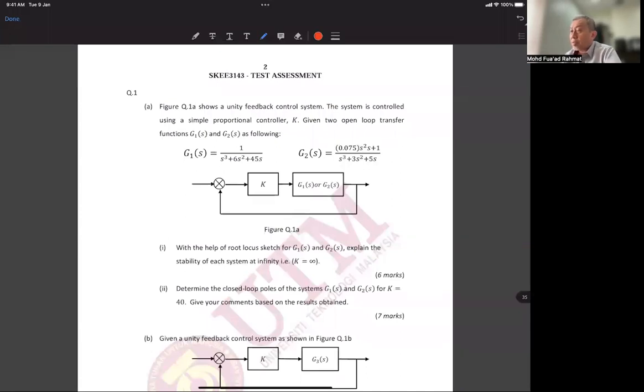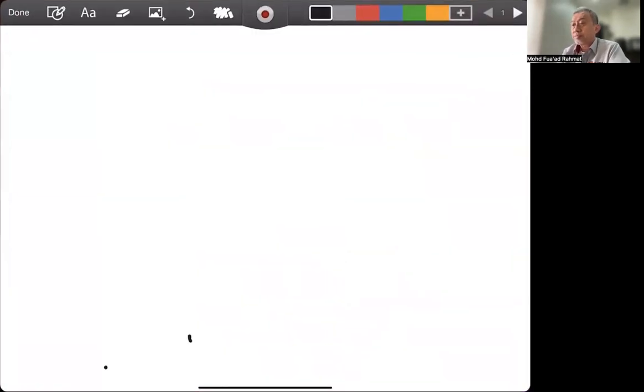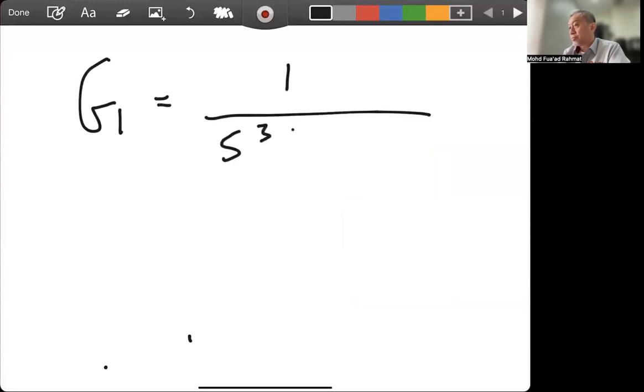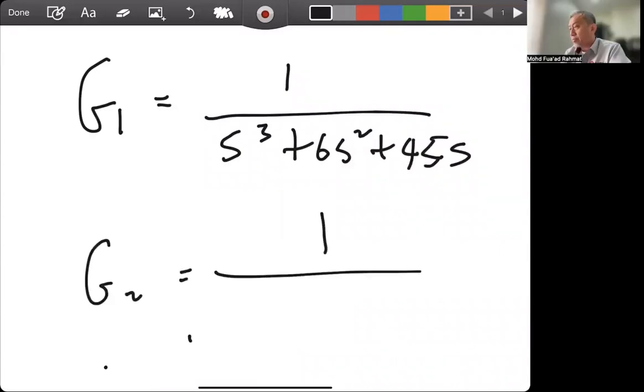Okay, our lecture by referring to this set. Let me remind you, this is class. You have two transfer functions, which is G1 and G2. Can you see what I write?